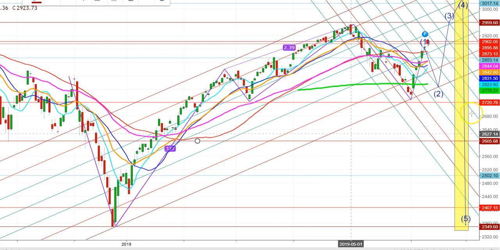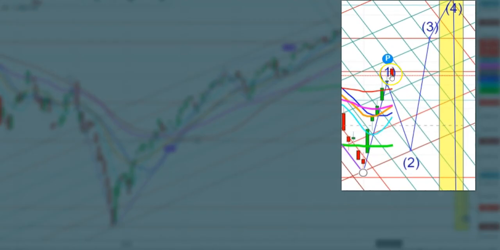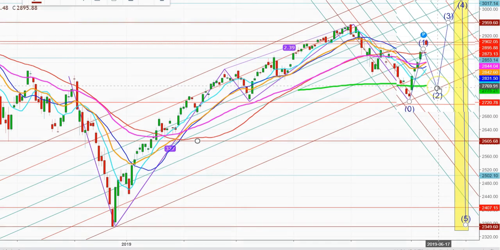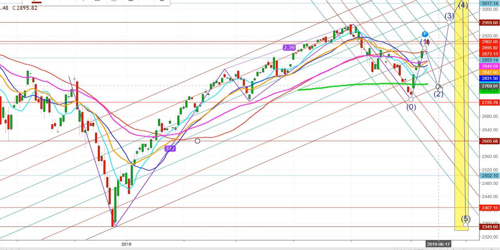So friends, this is my expected trading zone where I expect the S&P 500 to remain during the upcoming trading sessions till June 29th, when the US President is likely to meet the Chinese President Mr. Xi, but we are not sure whether this will result in a successful deal.